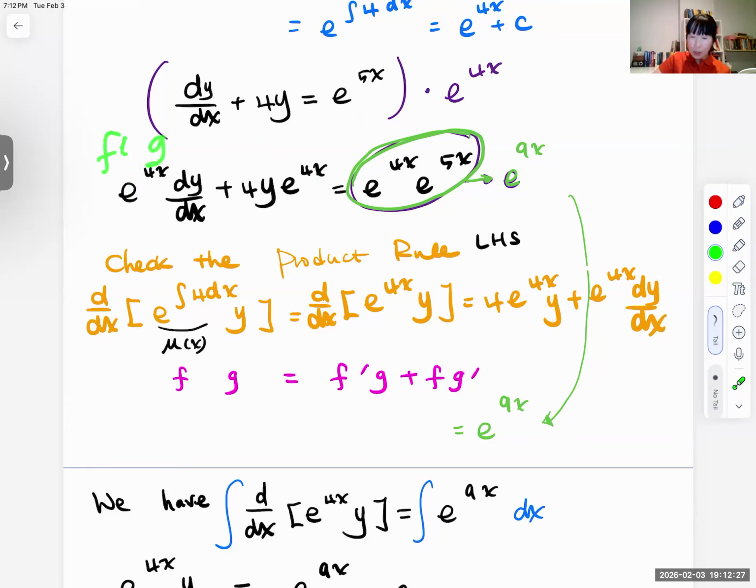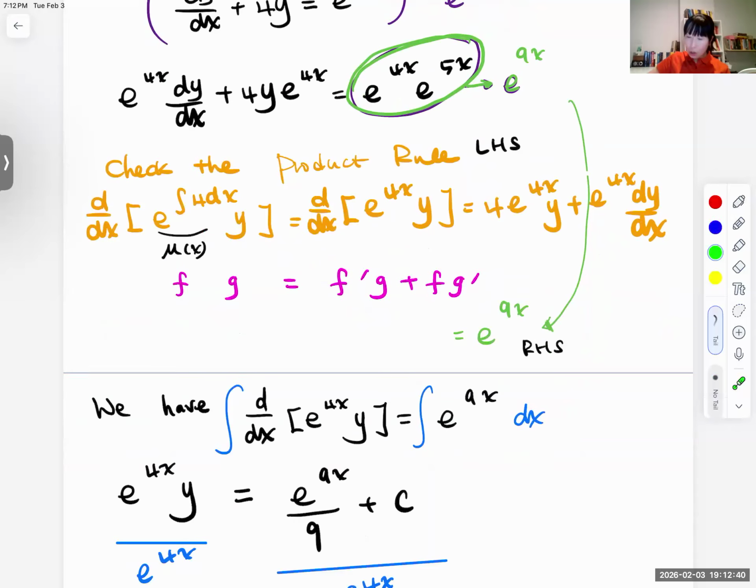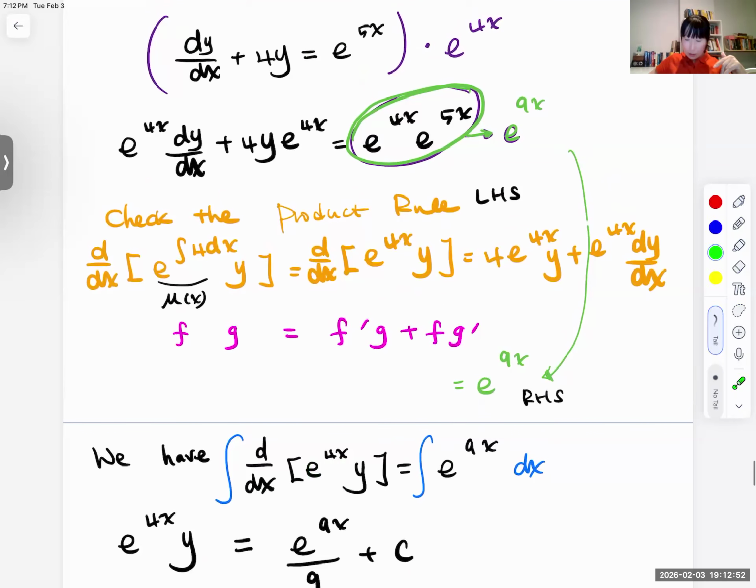F prime G, F G prime, like that, okay? And then right hand side we have e to the 9x. So overall we have left this one, e to the 4x, y, this is a from, right?